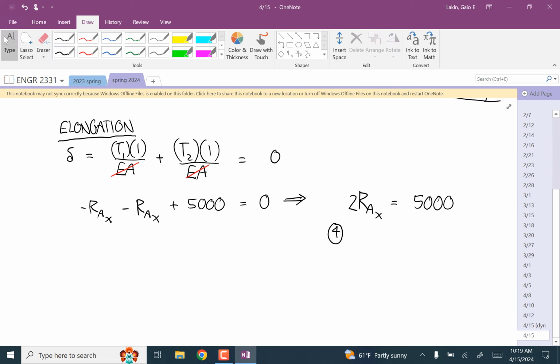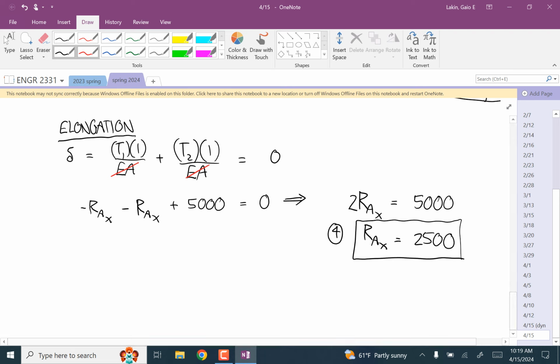So we have this fourth equation that says RAX is equal to 2,500. I'll treat that as an equation, but when we get into substitution and stuff, that's an answer to one of our variables. So I'll just make a note of that.